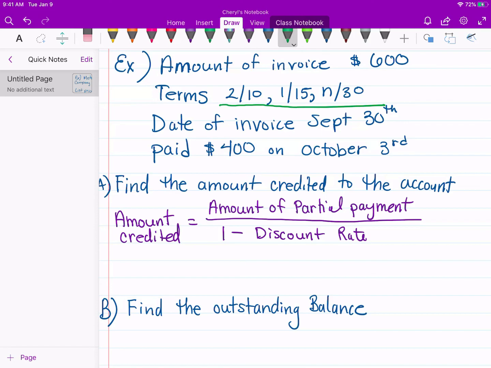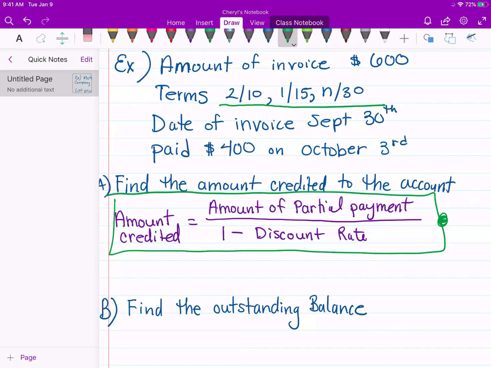In order to find the amount that gets credited to their account, there's a formula. It's right here in purple, and this is on your formula sheet. We take the amount of the partial payment, which is $400, and divide by 1 minus the discount rate, and that will be the amount that gets credited to their account.